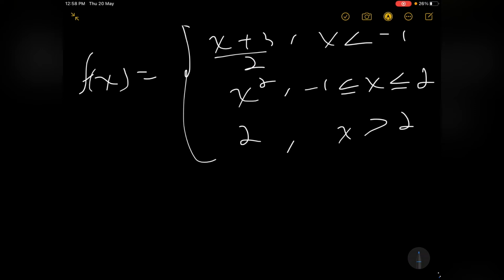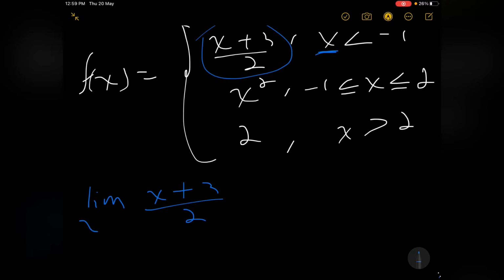So if we approach negative 1 from the left, then we would use this function, because x here is less than negative 1. So we're approaching negative 1 from values less than negative 1. So we would have the limit of x plus 3 over 2 as x approaches negative 1 from the left.